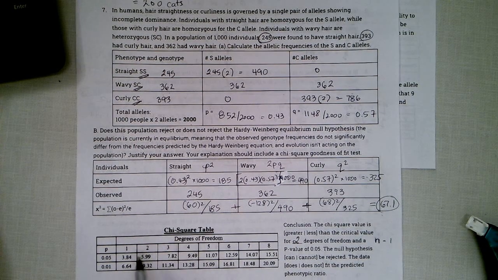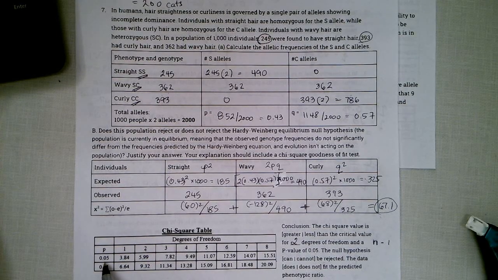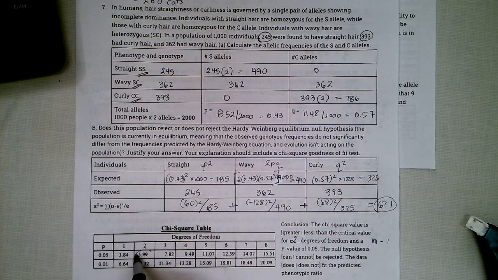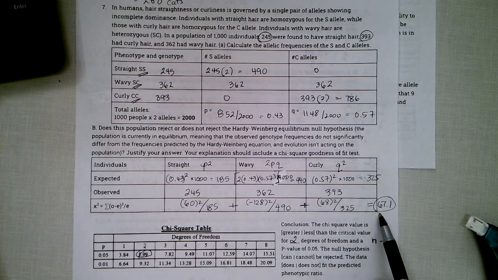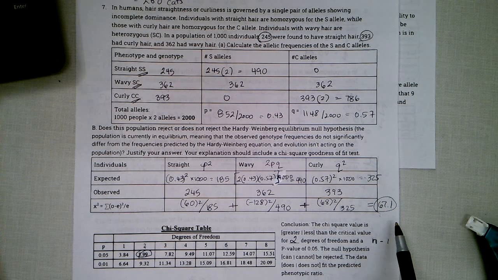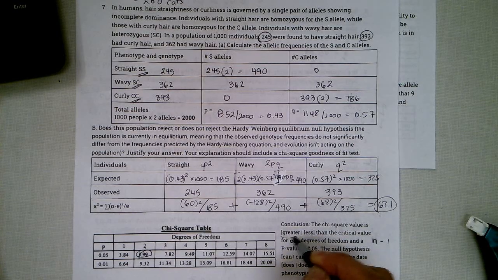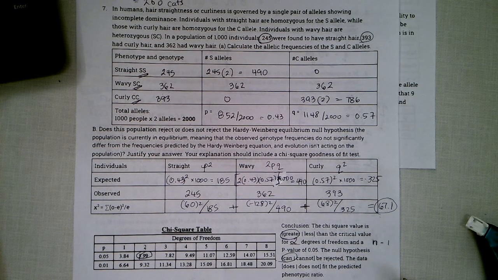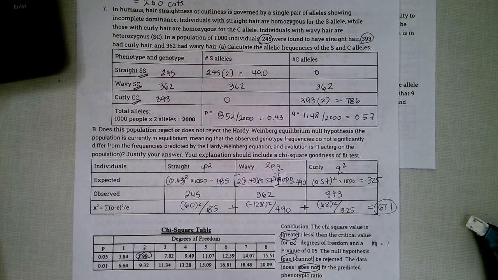So when we look at this chi-squared, we're taking a look at this value right here, 5.99, and we compare that to 67.1, and the chi-square value is greater. So if it is greater, the null hypothesis can be rejected. The data does not fit.